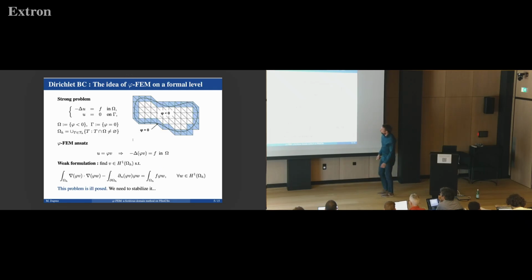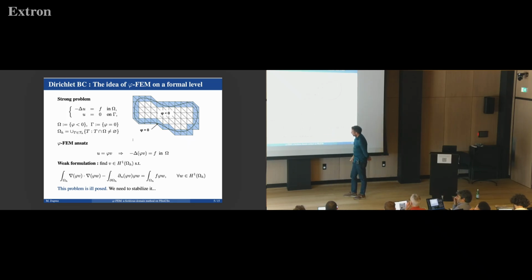I will present it in a very simple case, the Poisson equation with the Dirichlet boundary condition. We search for a solution u written as a product of phi, the level set function, times a new unknown v. And if we include this solution in the strong formulation, we obtain minus Laplacian of phi times v equal to f, without boundary condition, because it is already included in the equation.